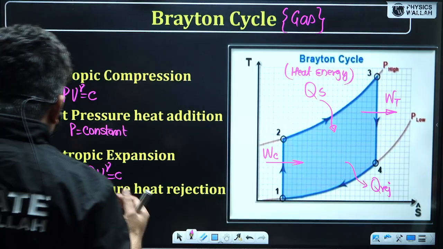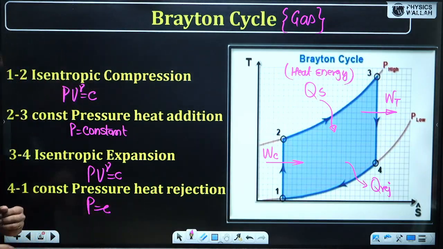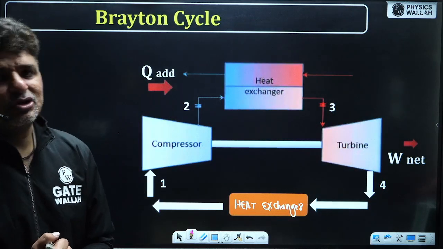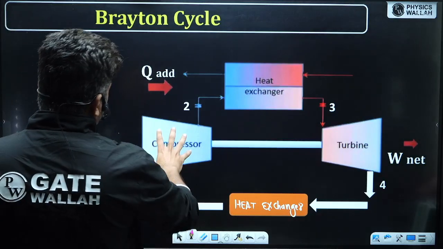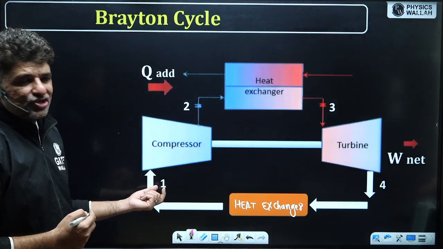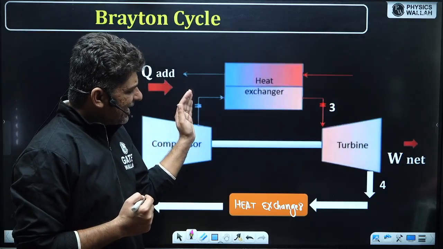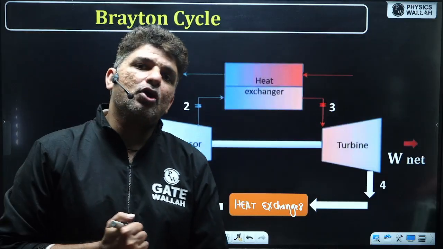Now let's see how these processes actually move in a gas turbine. So we have 4 components over here. The cycle is run by 4 devices. The first device is called the compressor, where the air or gas enters at location 1 and comes out at location 2. Once this gas comes out at location 2, that gas is heated up at constant pressure.